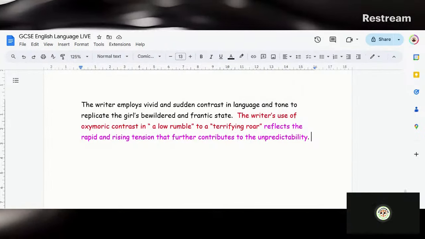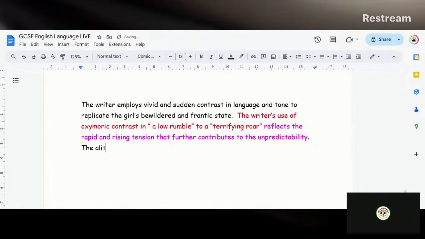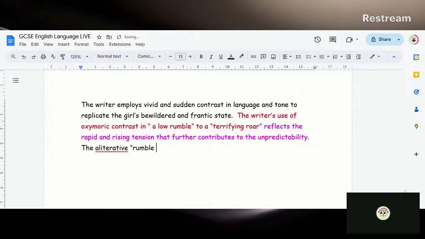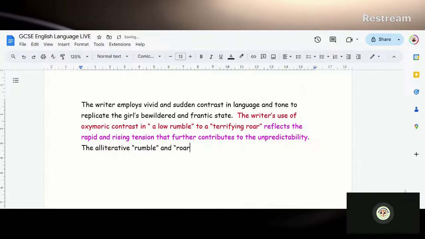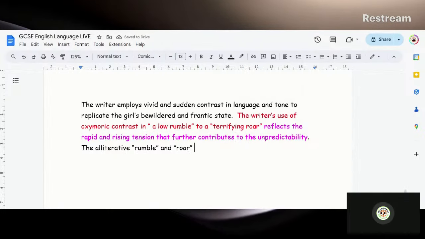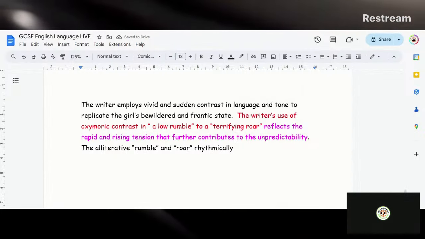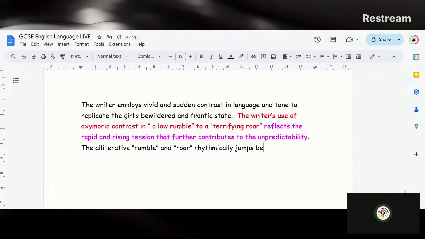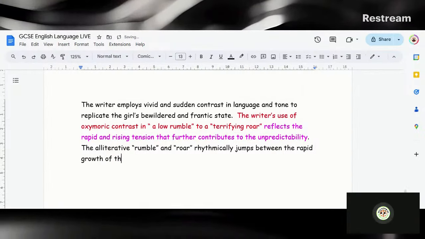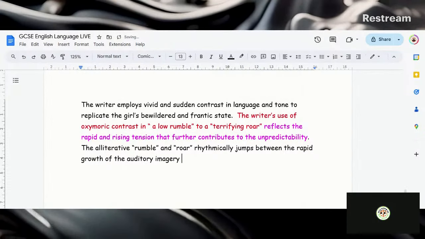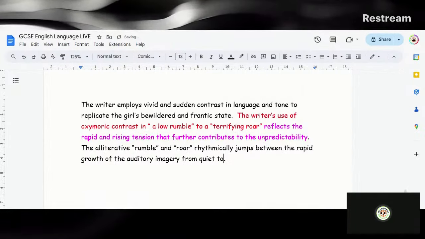we can also speak about how rumble and roar there's use of alliteration there. So the alliterative rumble and roar, we can speak about how that rhythmically jumps between the rapid growth of the auditory imagery from quiet to loud and aggressive, we can say.